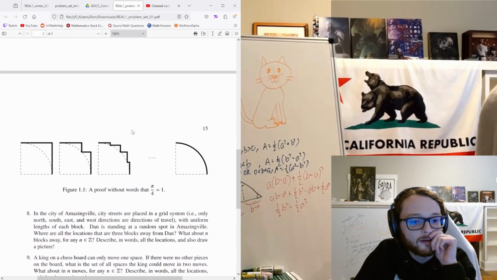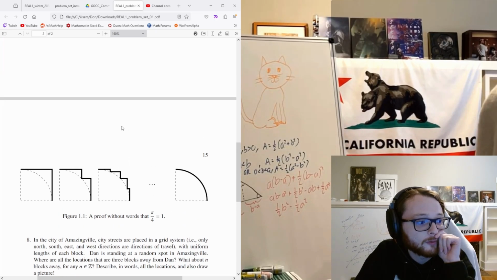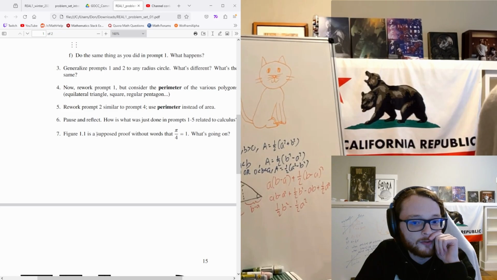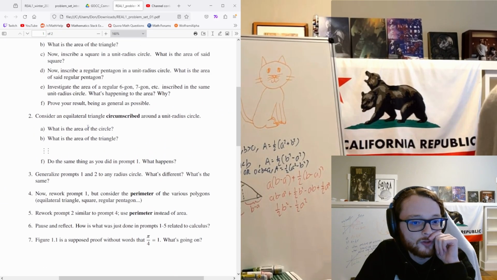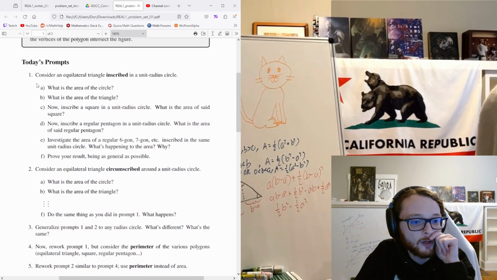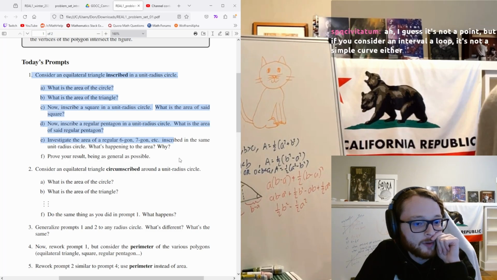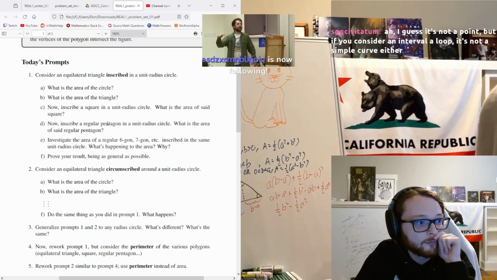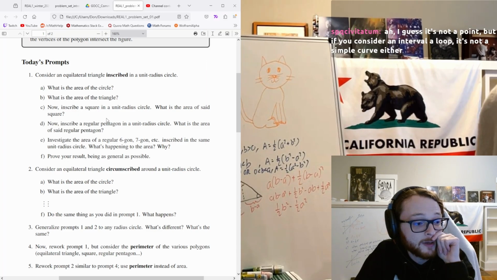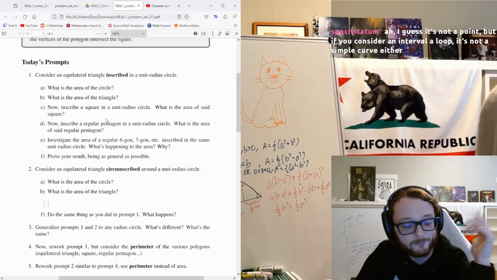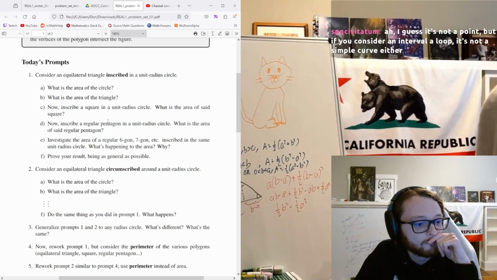So this is the very first thing of real analysis, from the online course I just started this morning. What we're doing on the stream was a lot of working on this first prompt with inscribing regular polygons into a circle and observing that the area of those polygons will approach pi as their number of sides increases.